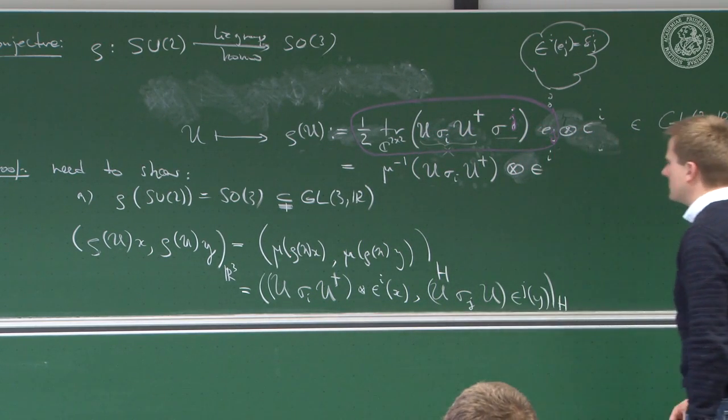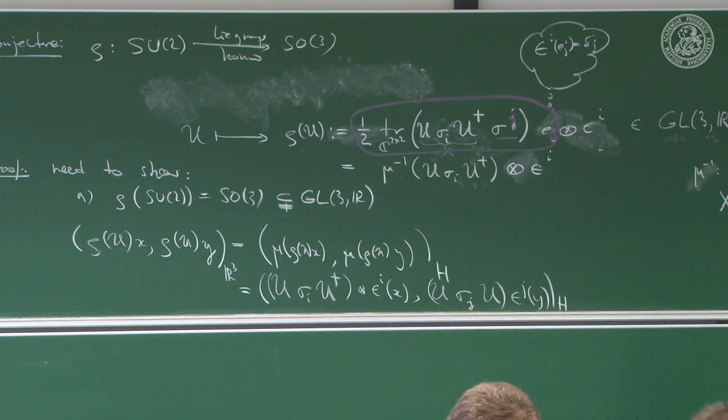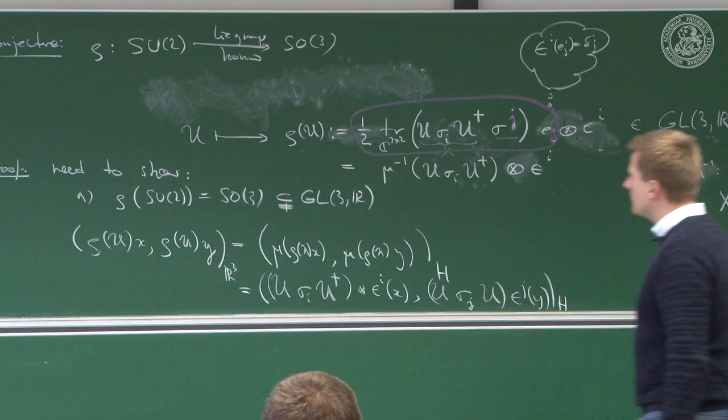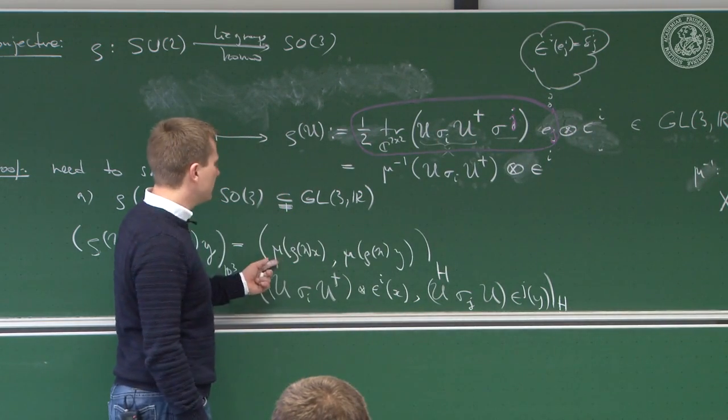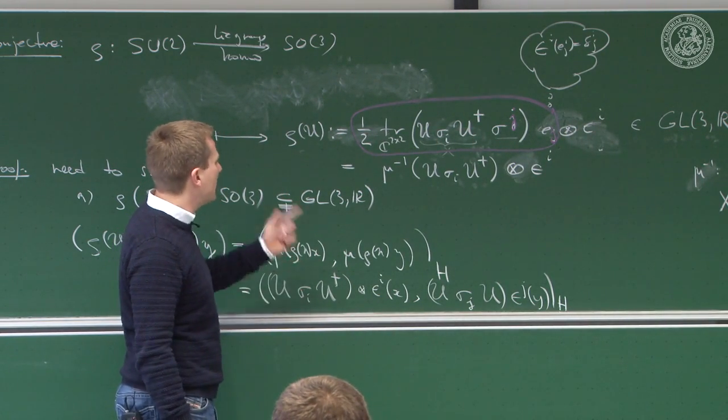But shouldn't the mu also act on the epsilon, on the tensor epsilon, if we leave out the mu and the mu inverse? Nevertheless the mu has to act on the epsilon, doesn't it? The mu? Because it's not inside of the mu inverse. No, this is all inside. Mu of the entire, yes, but okay.